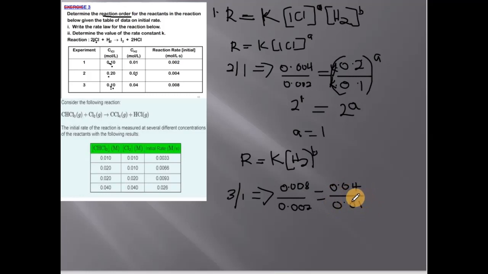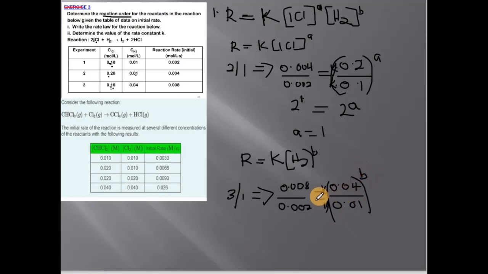All of them will have K in front of them, so when they have the K, they will eventually cancel out. So the order of the concentration of the hydrogen is B, and that's what we are looking for.